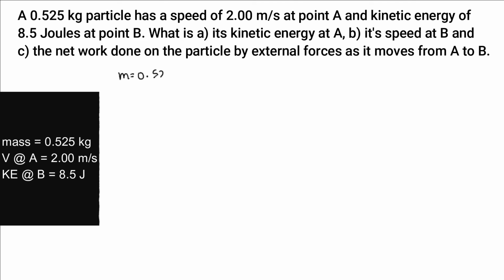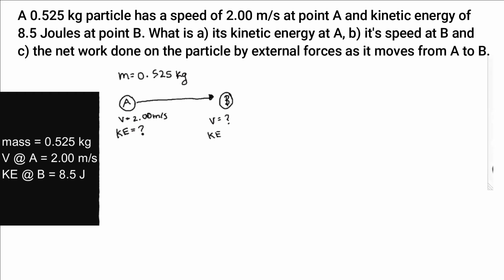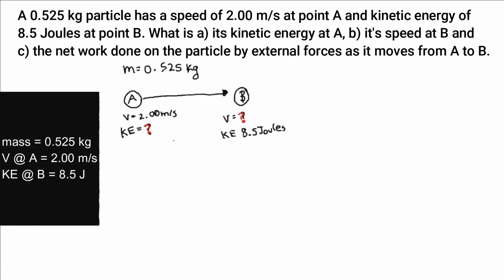So I will draw how the particle moved and the points so it is visually easier to understand. The particle moved from point A, where the velocity was 2 meters per second, to point B, where the kinetic energy was 8.5 joules. We must find kinetic energy at point A and velocity at point B. Let's start by finding the kinetic energy at point A, which is very simple since we know the mass and the velocity.